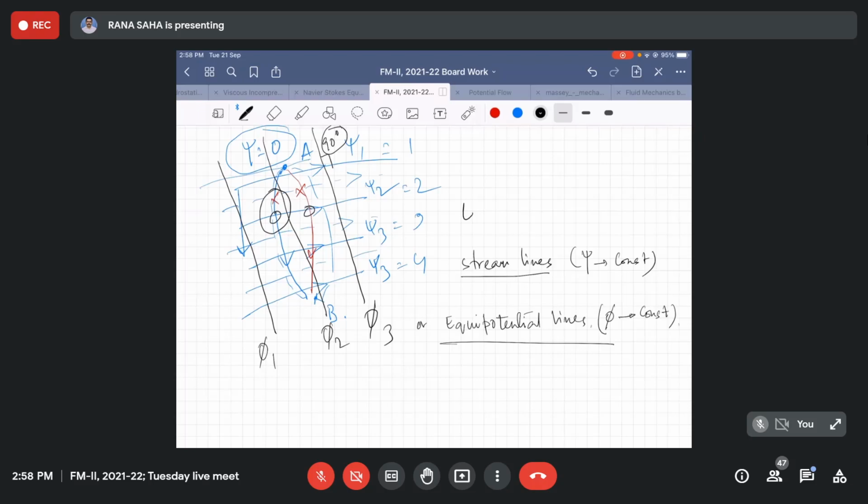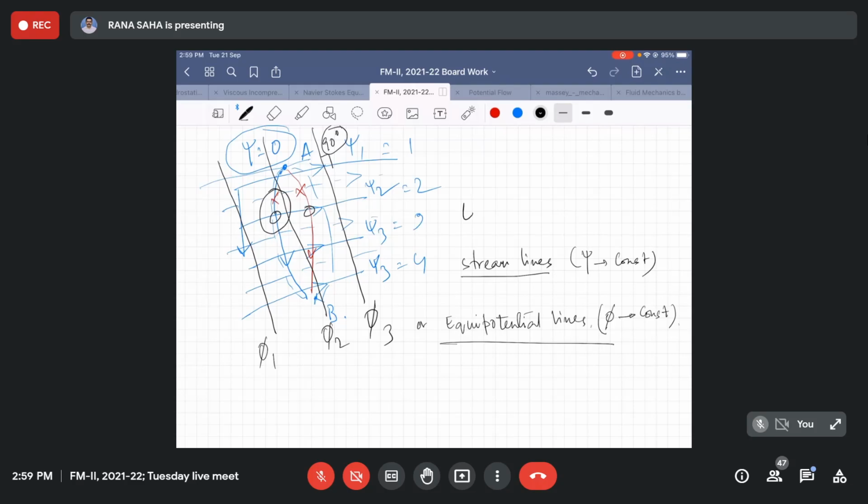So that is valid for 2D irrotational flow, because see, the stream functions can exist for rotational flow as well, because the very basis of stream function is the satisfaction of the continuity equation.